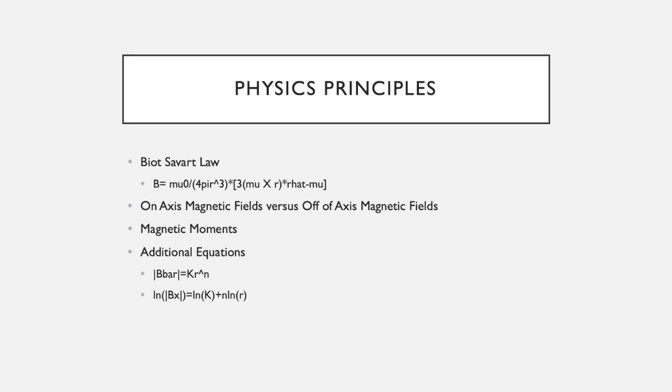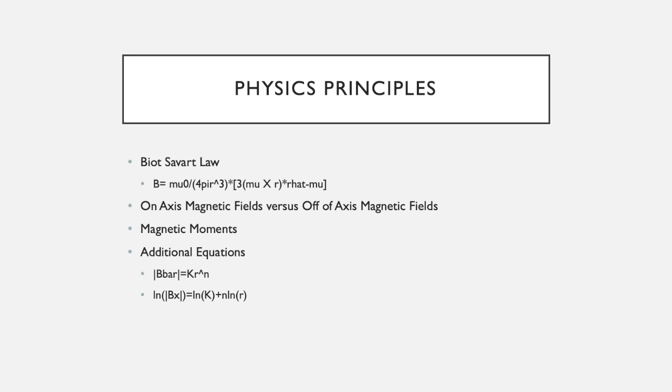There were many different physics principles explored in the third lab. This lab taught us a lot about magnetic moments and magnetic fields and how they differ when they are on versus off of an axis. Additionally, the main physics principle explored was Biot-Savart law.